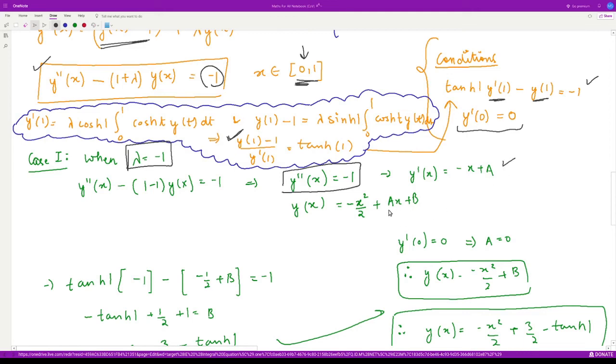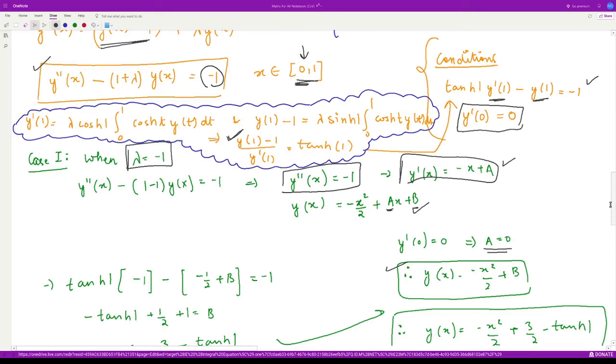So we need to determine these constants a and b. So we can use this boundary condition, y dash 0 is equal to 0. So when you put 0 here, you have a as 0 in y dash x, right? So a is 0, so our y becomes this.